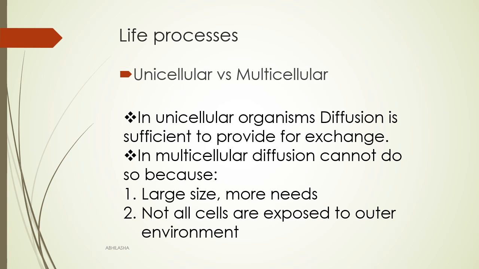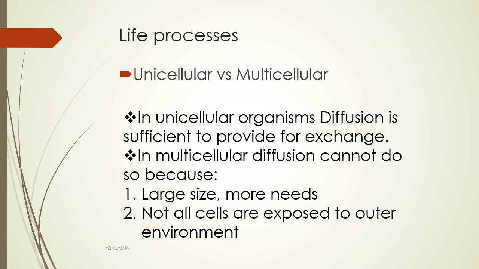But in multicellular organisms, not all the cells are exposed to the environment, so diffusion cannot suffice the needs of the organism. Moreover, multicellular organisms have a complex structure. Their size is large, their needs are more, so diffusion as a process is not sufficient to provide a sufficient amount of material for the growth and development of multicellular organisms.